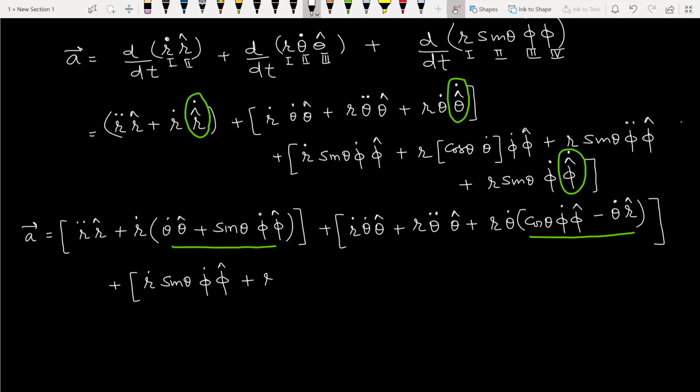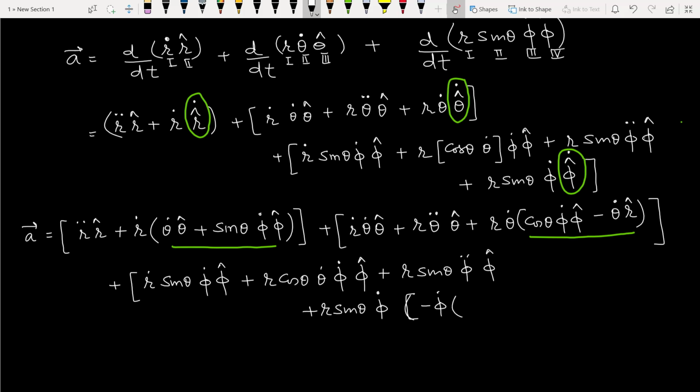This term as such, cos theta theta dot phi dot phi cap, r sin theta phi double dot phi cap, r sin theta phi dot, it is minus phi dot sin theta r cap plus cos theta theta cap.